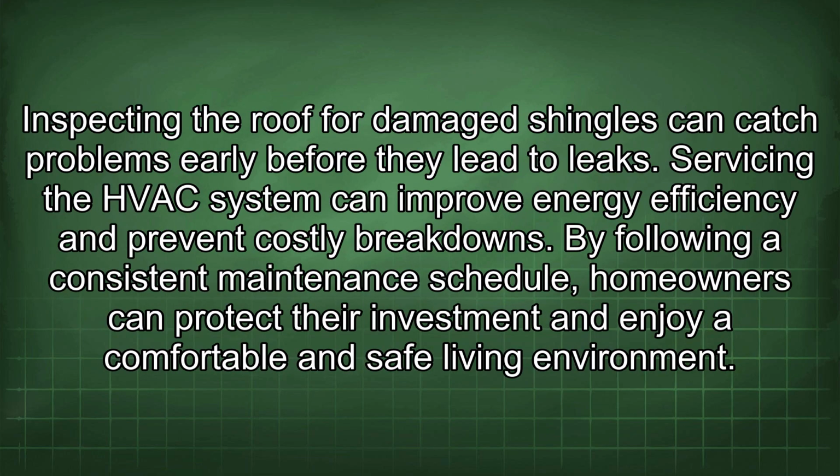Inspecting the roof for damaged shingles can catch problems early before they lead to leaks. Servicing the HVAC system can improve energy efficiency and prevent costly breakdowns. By following a consistent maintenance schedule, homeowners can protect their investment and enjoy a comfortable and safe living environment.